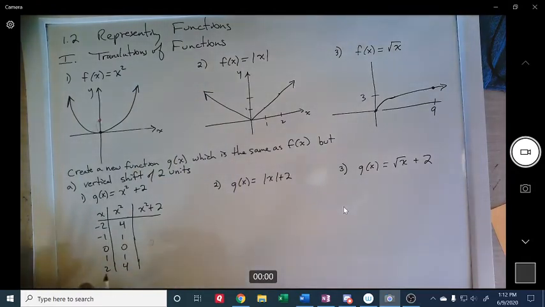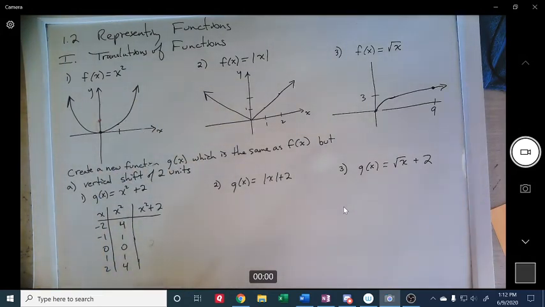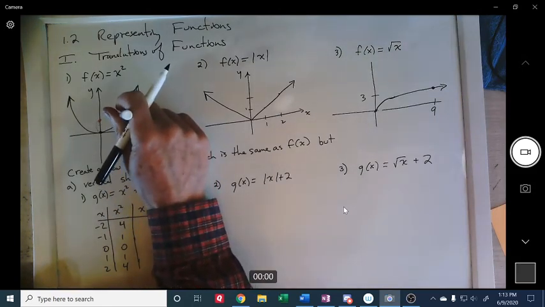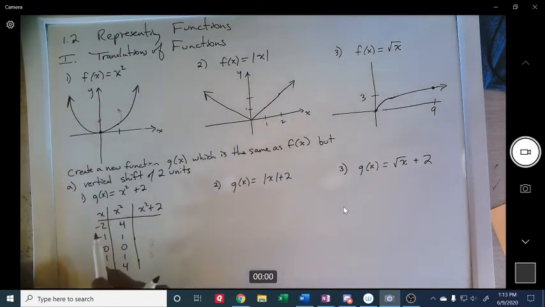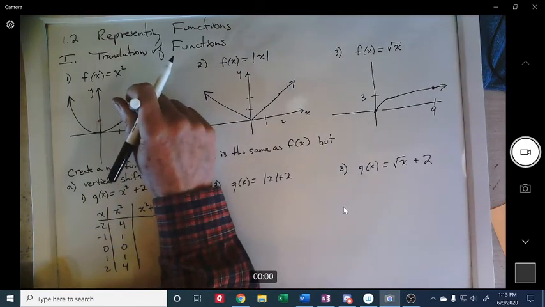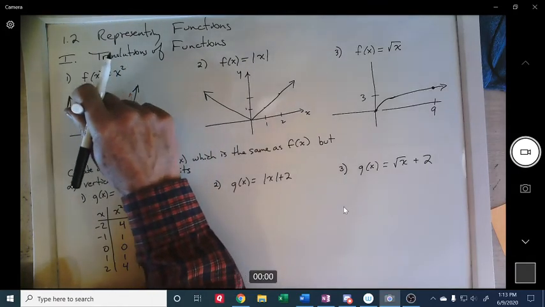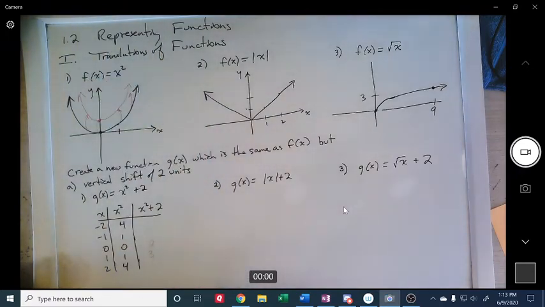When I take 1, 1, 1 over, 1 up, and when I add 2 units to it, I take the height of 1 and I add 2 to it, and I move it up to here. Every single height is being shifted up 2 units. And so the new graph comes like this.